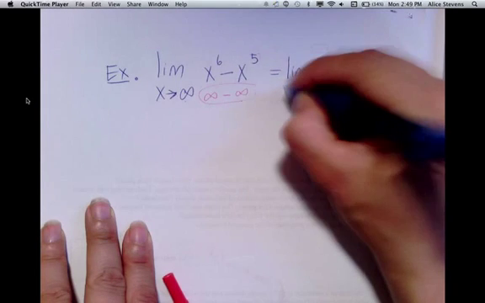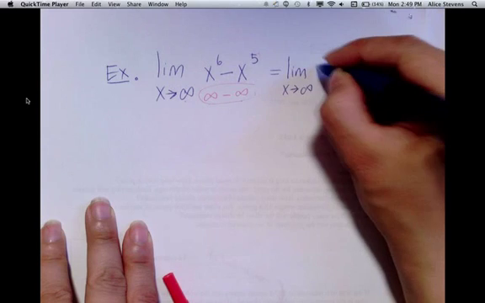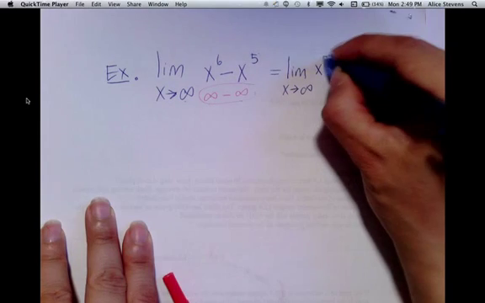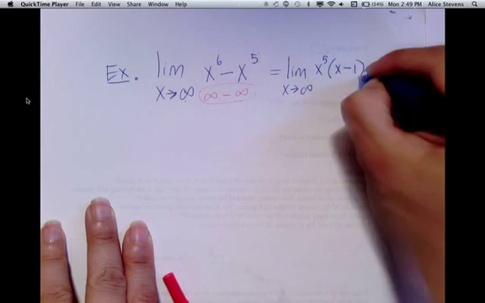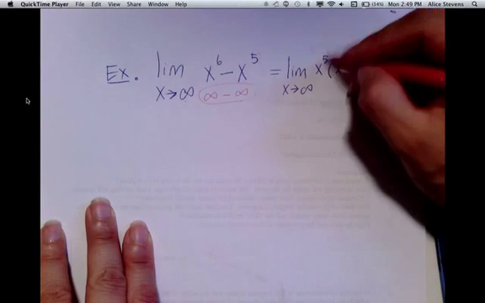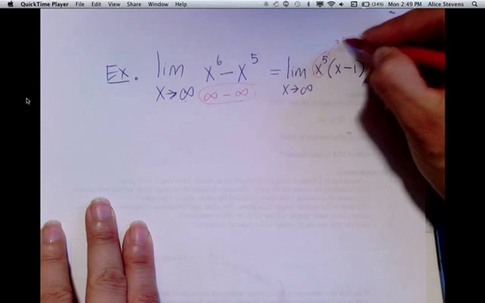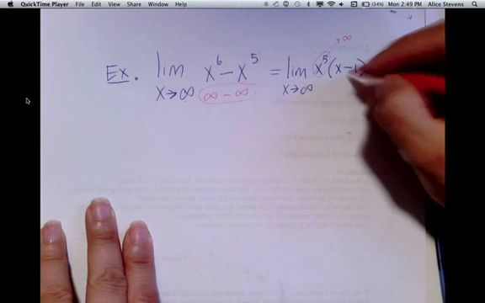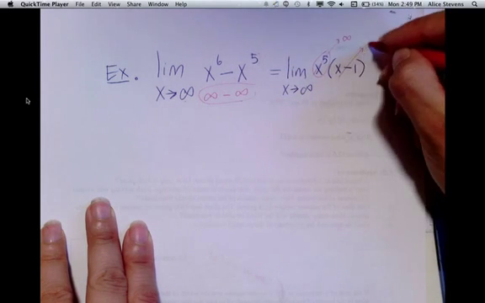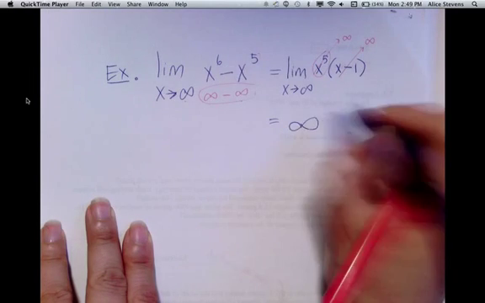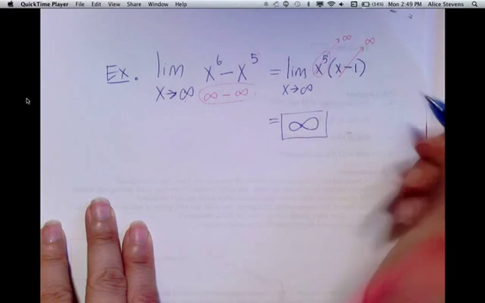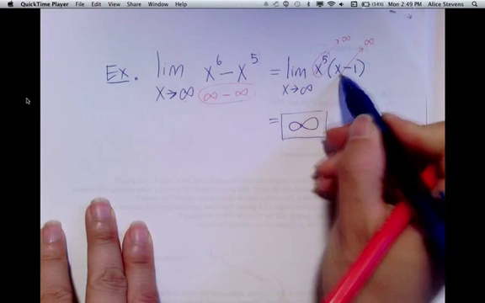However, what I can do is factor, and when I factor, I can see that this is approaching infinity. X to the 5th is approaching infinity. X minus 1 also is approaching infinity. So this limit actually has to be equal to infinity because both of my factors are approaching infinity.